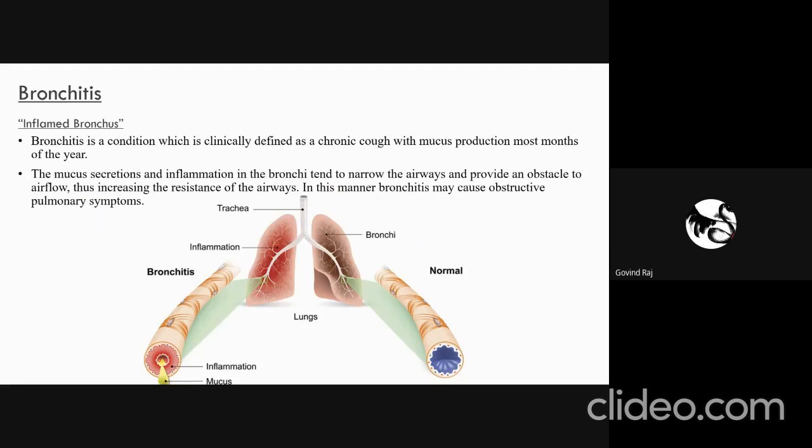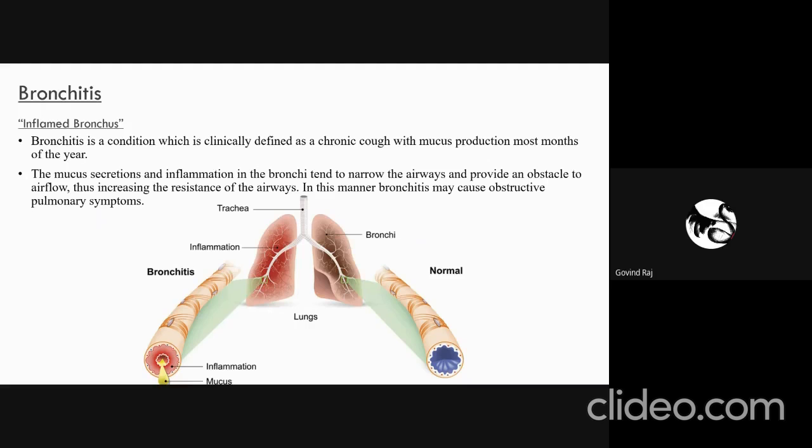So first, bronchitis. As the name indicates, it is an inflamed bronchus. Bronchitis is a condition clinically defined as a chronic cough with mucus production most months of the year. So the mucus production will be high and there will be chronic cough because of the obstructed bronchus.